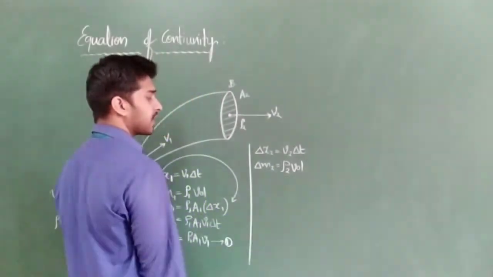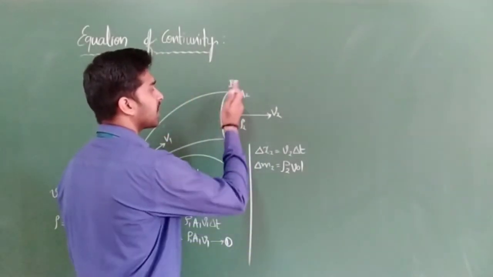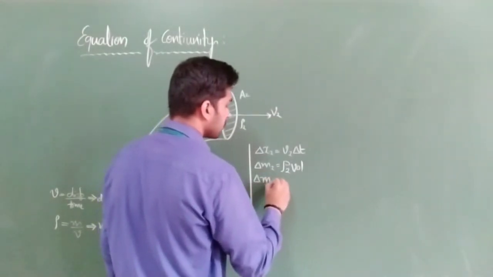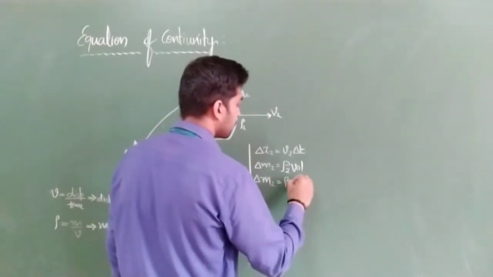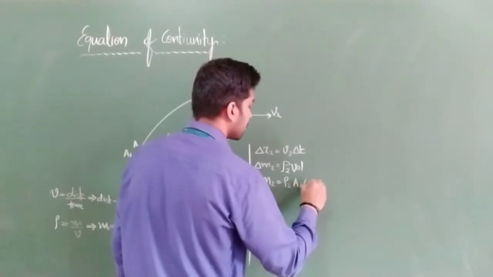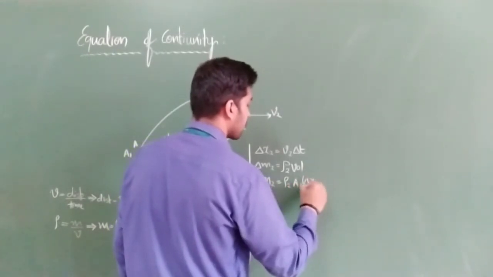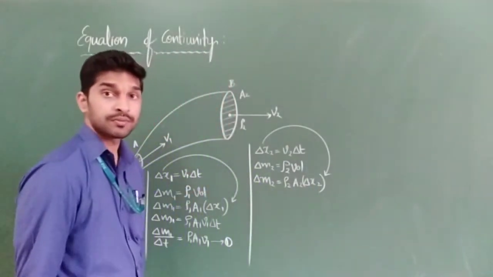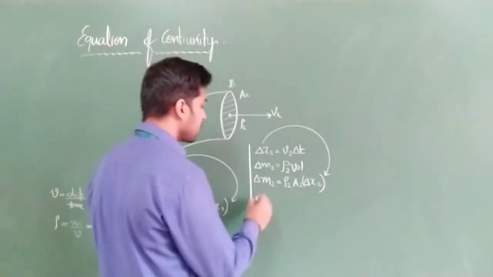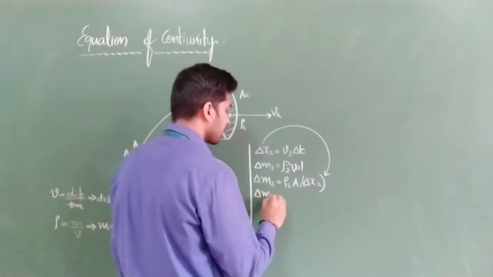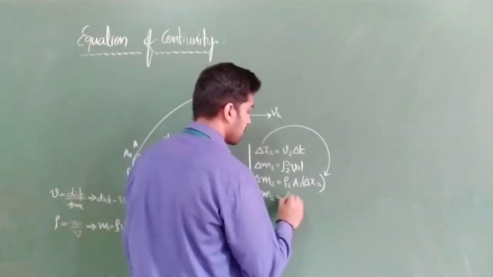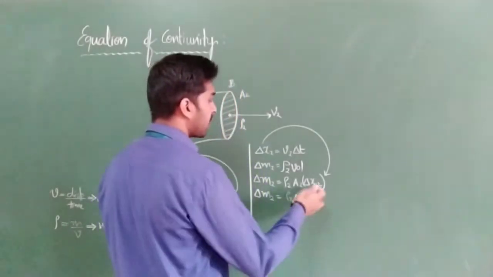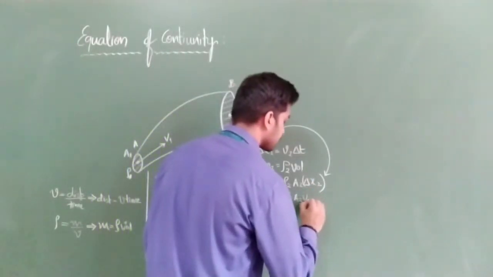So how can I write volume now? For a cross-sectional area A2, delta m2 is equal to rho 2 into A2 into delta x2. Now substitute this delta x2 value. What are we going to get? Delta m2 is equal to rho 2 A2 times v2 into delta t.